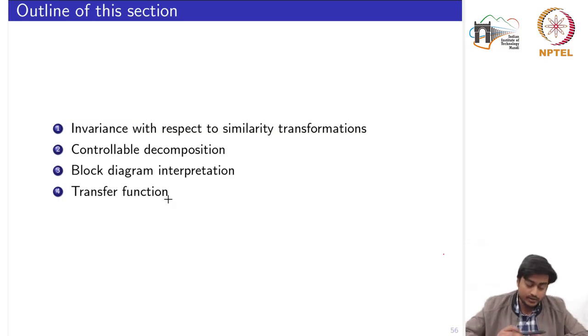Because if you recall from the first week, given two different representations of the same system, we have proved that the transfer function would remain the same. Now the question arises: if I have obtained a controllable decomposed form, whether the transfer functions of those two different representations are equal or not. This we are going to answer in the fourth one.